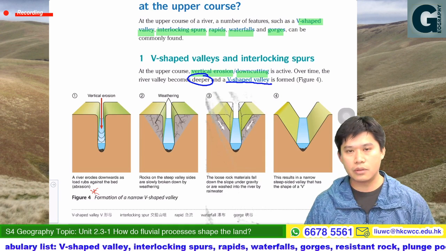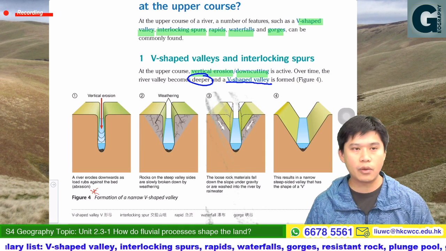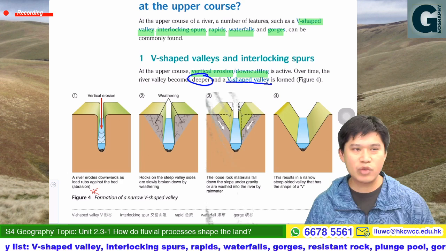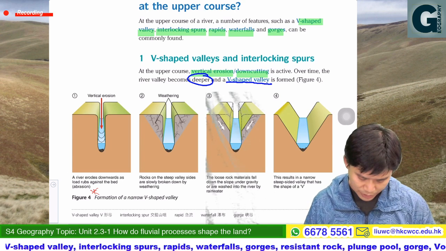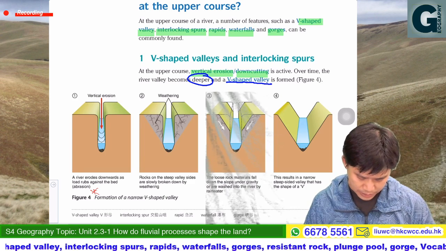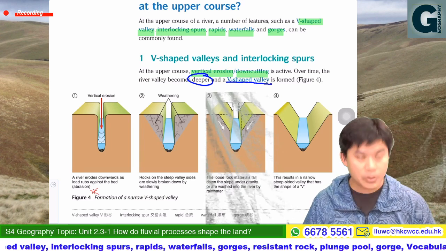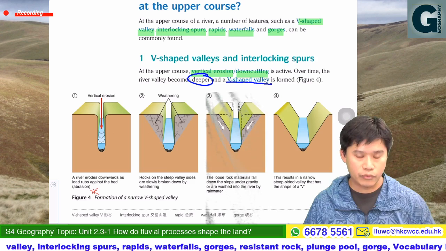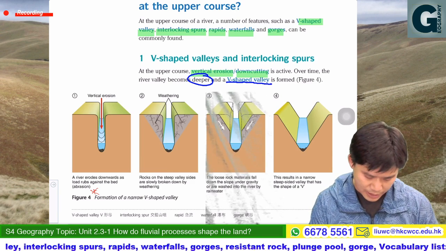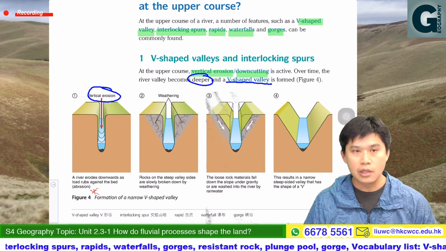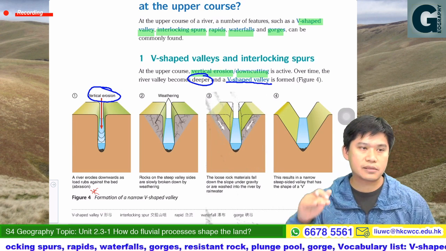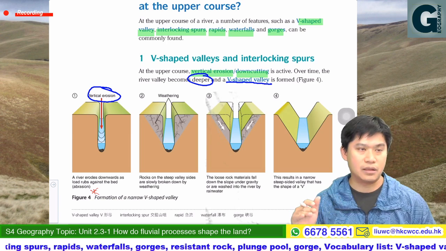If you observe the lower course, is there any V-shaped valley? Not exactly. For example, you may look at Figure 4 for the formation of a V-shaped valley. First, there must be vertical erosion. Therefore, the riverbed would become deeper.